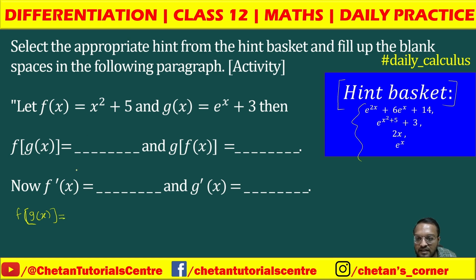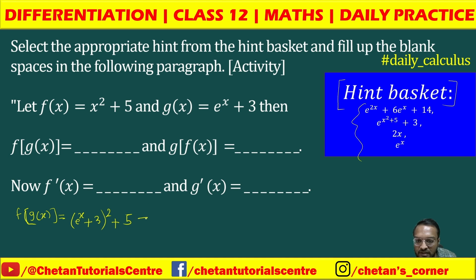So this x will be replaced with e raised to x plus 3. And as this x has power 2, this term will also have power 2. And this plus 5 will be as it is, as there is no x in this term. So this is how we have found out f of g x.